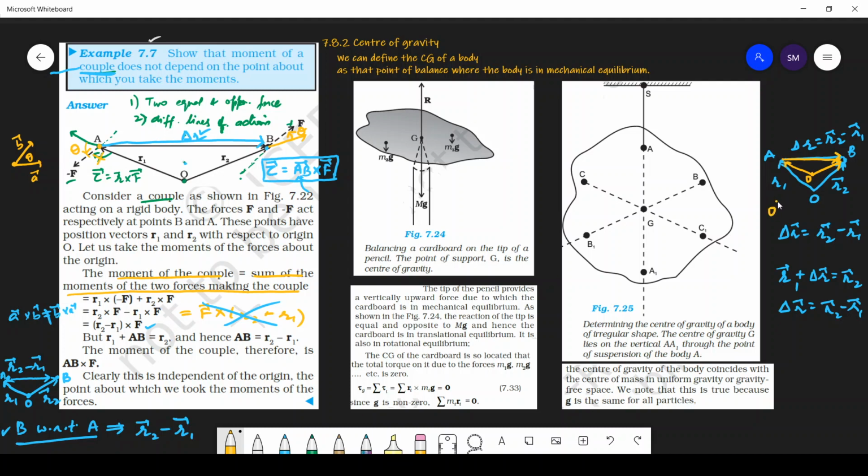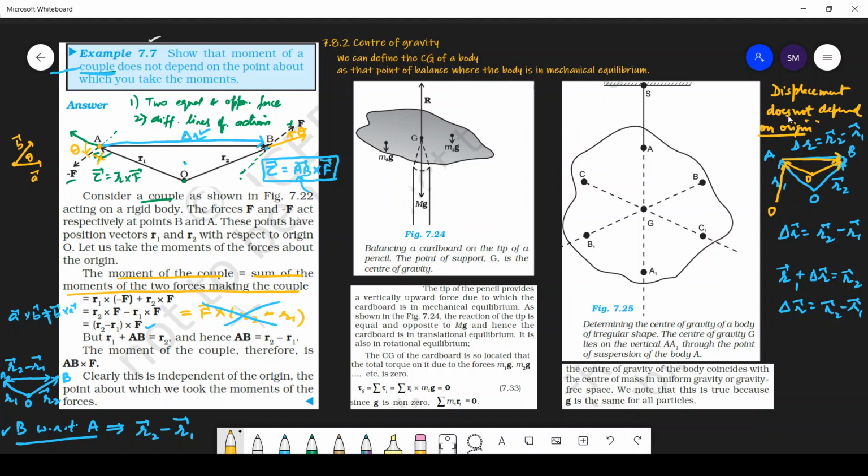If you are taking this as origin, displacement is independent of origin. Displacement does not depend on origin.